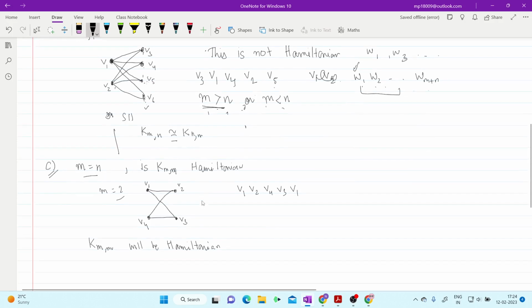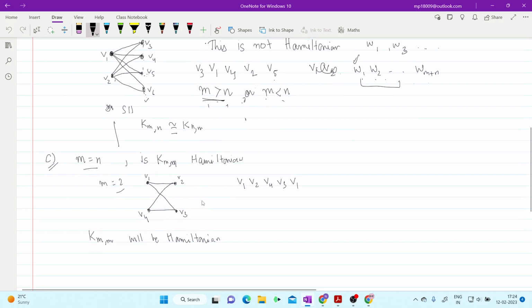That's right. Does everyone understand why? See why Kmm will be Hamiltonian: our set A will have some vertices, say V1 to Vm, and our set B will have some vertices W1 to Wm. Since this is a complete bipartite graph, V1 is attached to every vertex in set B. That is, V1W1 is an edge, V1W2 is an edge, V1W3 is an edge, and so on.